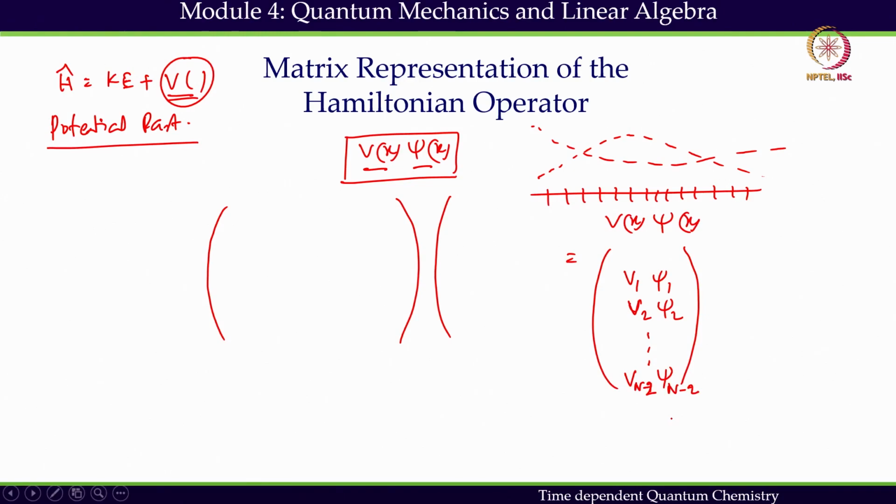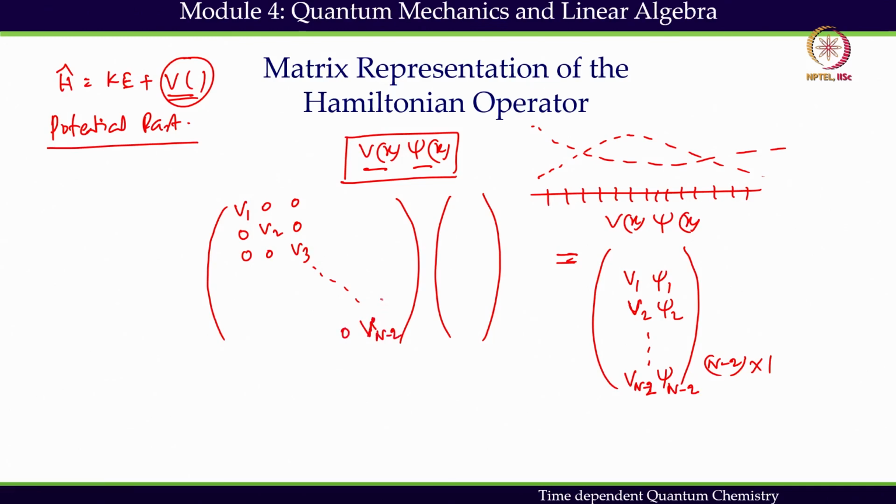So this is going to be an n minus 2 by 1 column matrix. Now this column matrix can be very conveniently represented by the following form. We get this column matrix with the help of V1, V2, then 0, 0, 0, 0, V3, like this, and then V n minus 2.